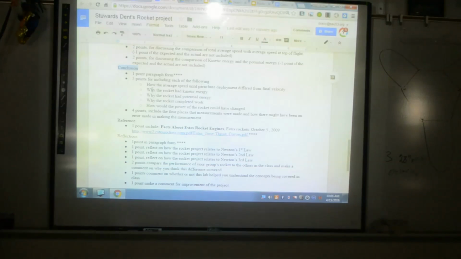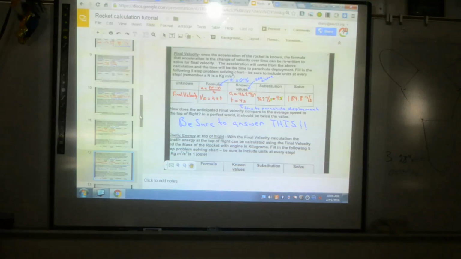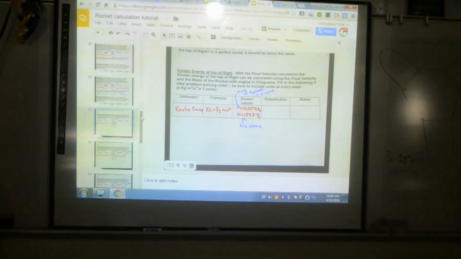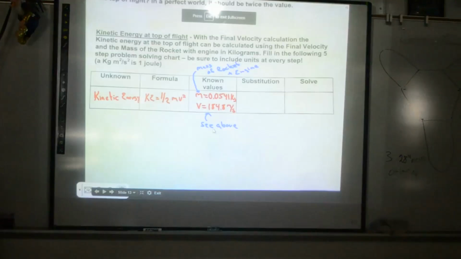The next one is why the rocket had kinetic energy. So we'll look at our kinetic energy calculation and see if we can figure out exactly why the rocket had kinetic energy. If we look at our kinetic energy equation, we have 1/2 mv squared. So we need mass, and our rocket clearly had mass because we measured it in the classroom, and the rocket had velocity.